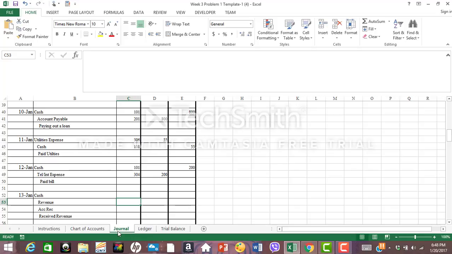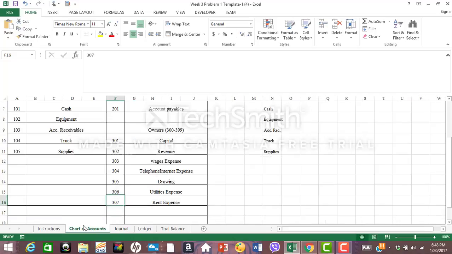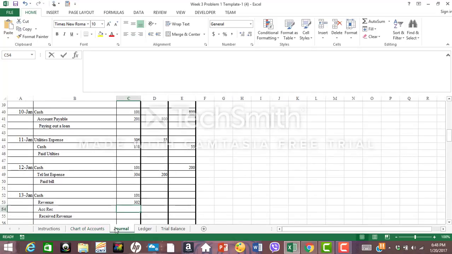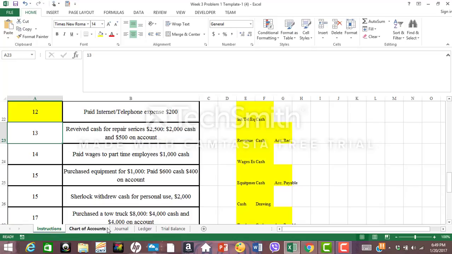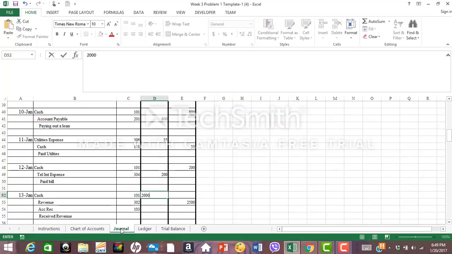We know cash is 101, revenue is 302, account receivables is 103, and he's receiving $2,500, so we credit $2,500 under revenue. How much of it is he receiving in cash? 2,000 cash, and the rest on account receivables.